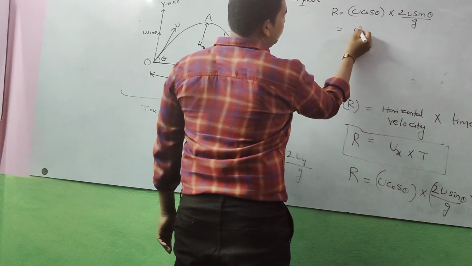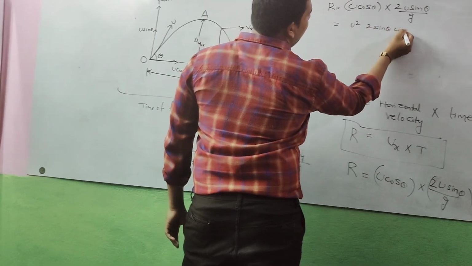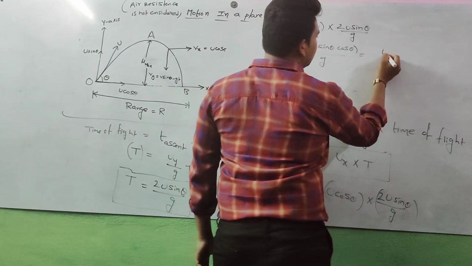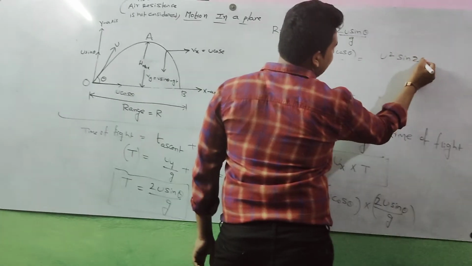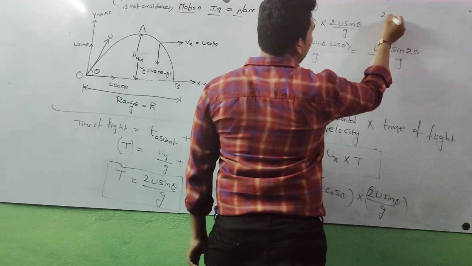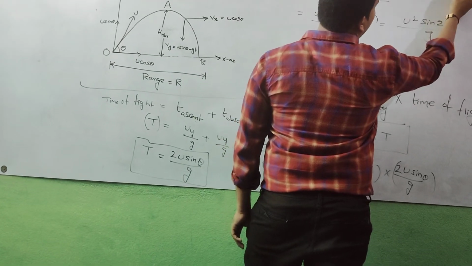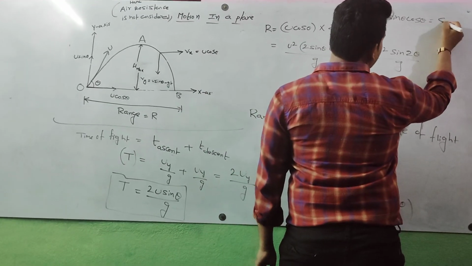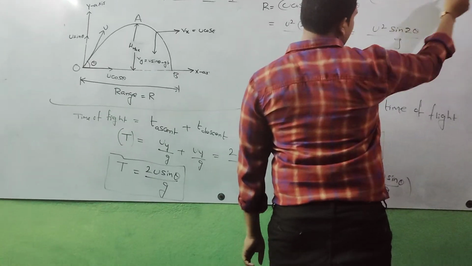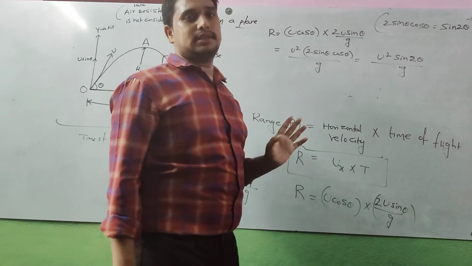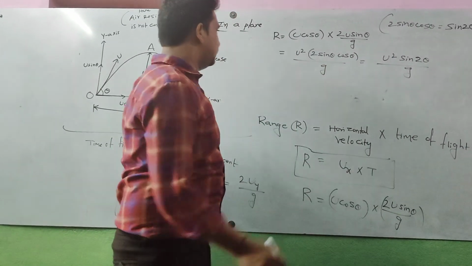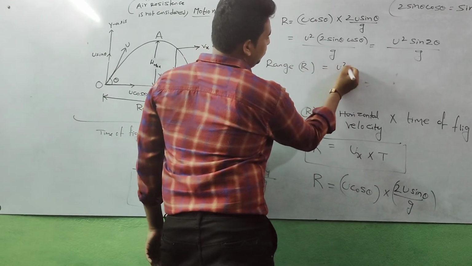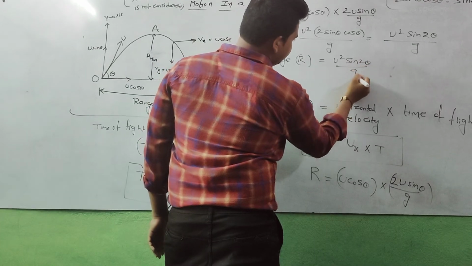That means u square into 2 sin theta cos theta by g. According to trigonometry, 2 sin theta cos theta is sin 2 theta. So we got range R is equal to u square sin 2 theta by g.